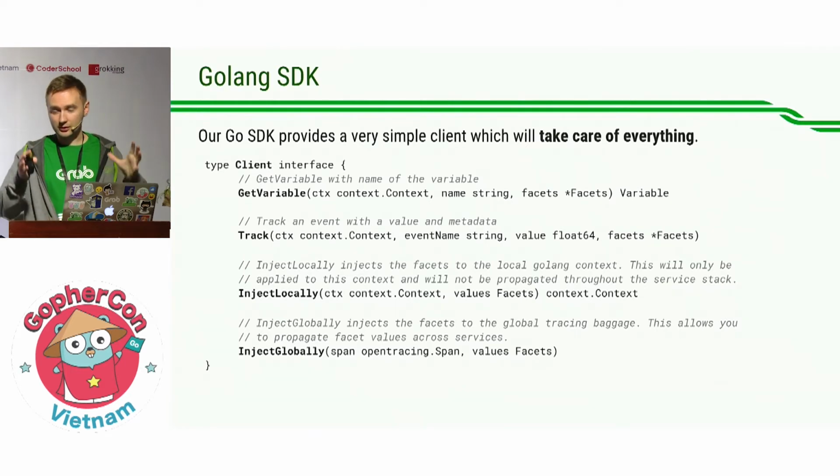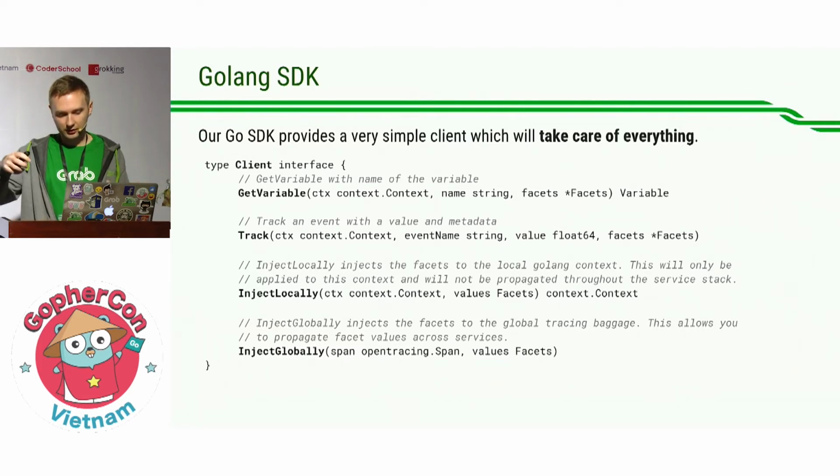And the context, the facets, actually provide a dynamic context. Based on the facets, we can decide what value to retrieve. So if we want to give a particular passenger a specific value of our feature flag, we can do that. Similarly, we have the track function, and some helper functions to pass this context around.